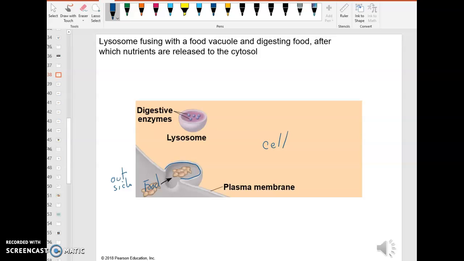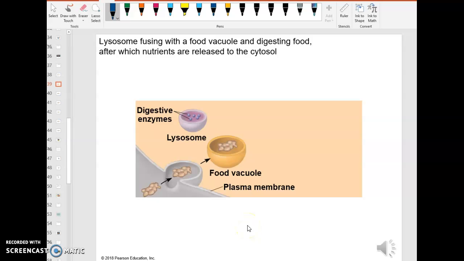take into the cell. So the plasma membrane will bow in and take some of the food and make a vacuole. So now we've got food in here, and it's inside the cell.